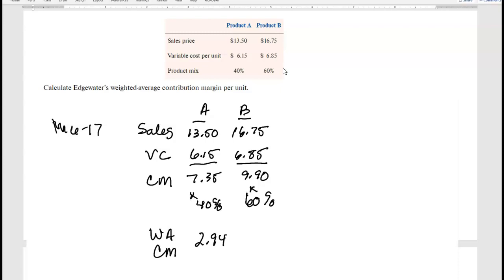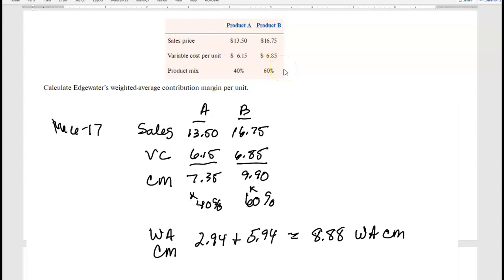And $9.90 times 60% is $5.94. Add those two together, and that is $8.88, weighted average CM.